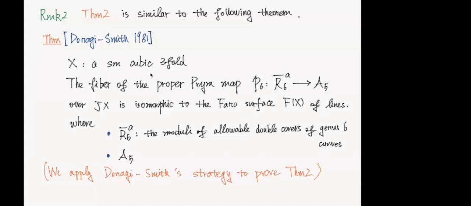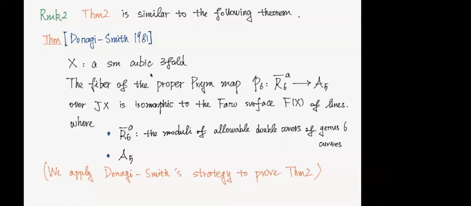In '81, Donagi and Smith proved that if I have a smooth cubic threefold X, and I consider a proper Prym map which sends a double cover of a genus 6 curve to its Prym, which is a compact PPAV of dimension 5, then the fiber of this Prym map over the intermediate Jacobian is isomorphic to the Fano surface of lines.